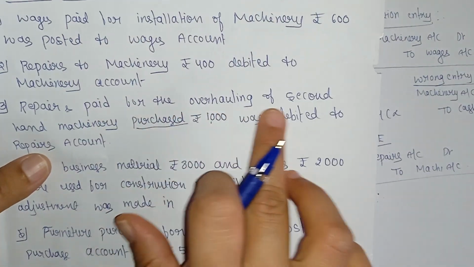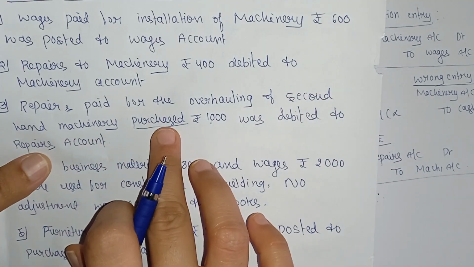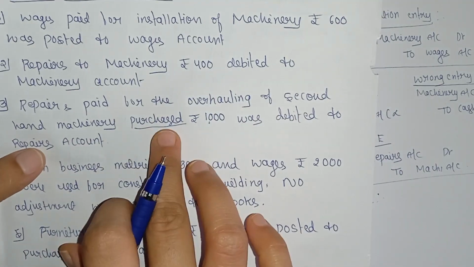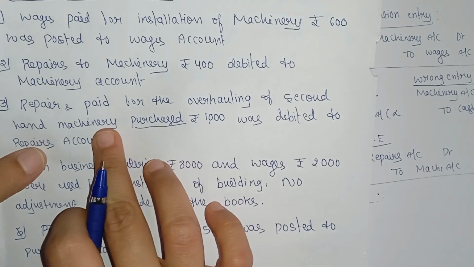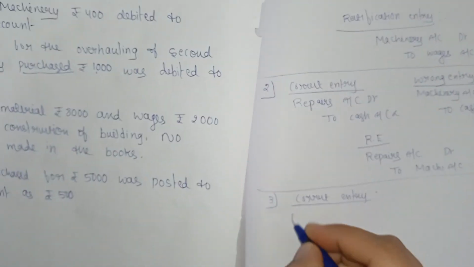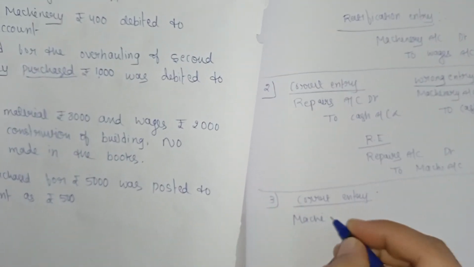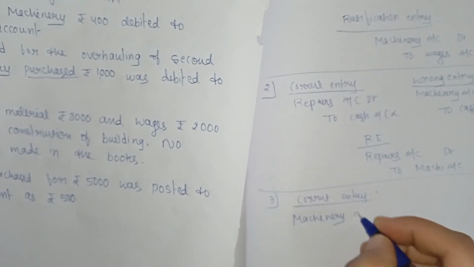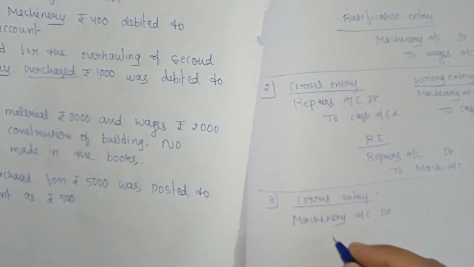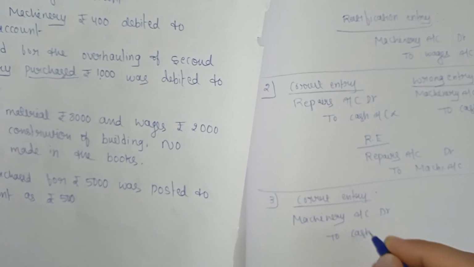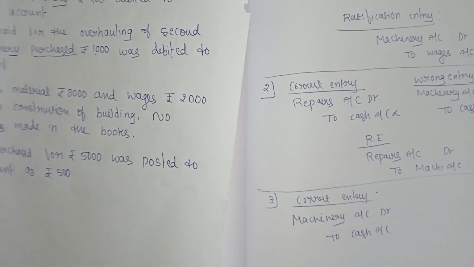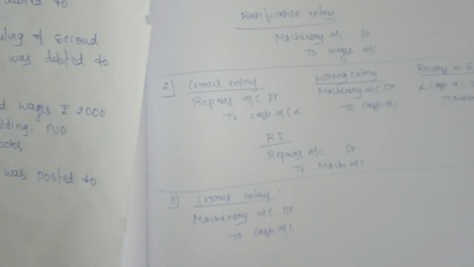That is repairs paid for the overhauling of second hand machinery purchased, means machinery purchased. We are purchasing the fixed asset, means machinery account debtor to cash account. This is the correct entry.